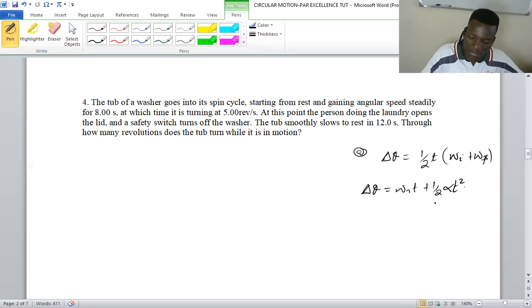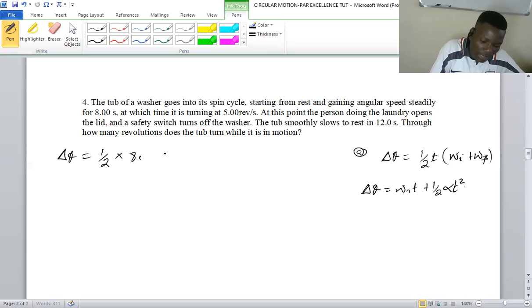Okay, so you can find the angular displacement: half times the time, and then we multiply by 8 seconds, and the initial is 0 plus the final, that is 5 rev per second.